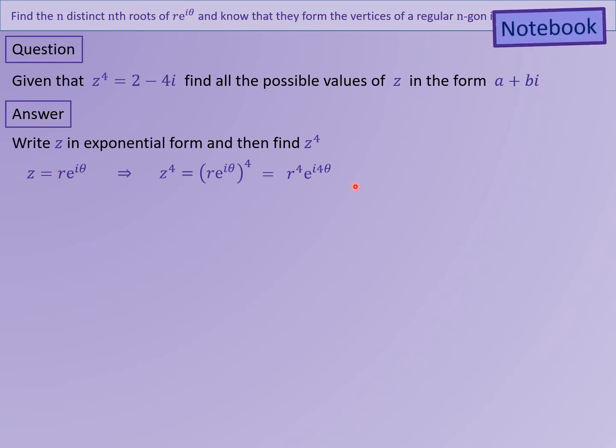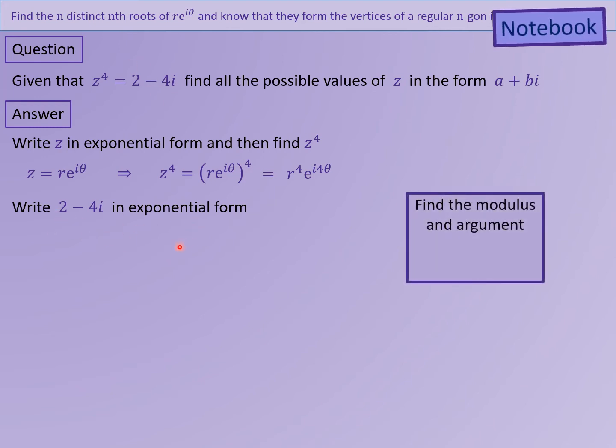Now I know that that is z to the 4, so I also know that that is going to be equal to 2 minus 4i. So I can write 2 minus 4i in exponential form by finding the modulus and the argument.